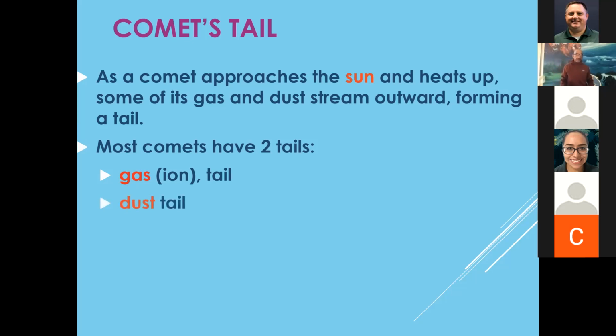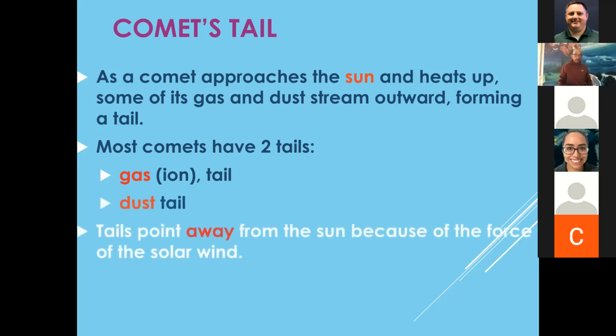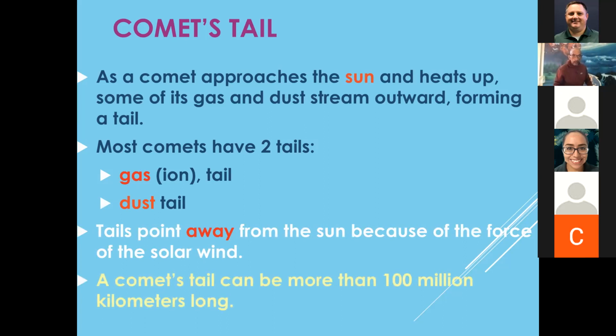And then we have the other tail being made up of dust. The tails point away from the sun because of the solar winds. A comet's tail can be more than 100 million kilometers long.